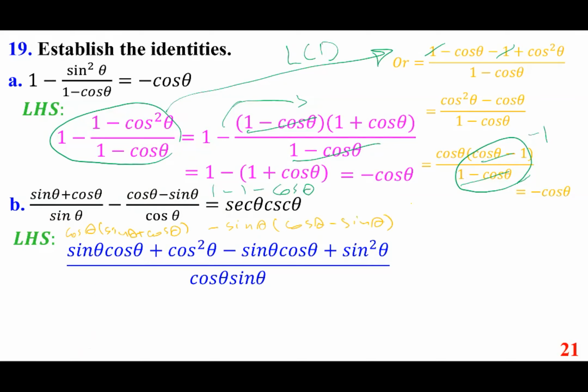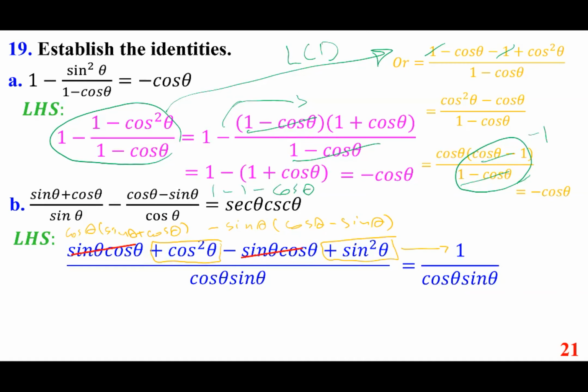And so notice that sine theta cosine theta and negative sine theta cosine theta cancel each other. So we are left with sine squared and cosine squared, and in any order you put them, cosine squared plus sine squared will give you 1.